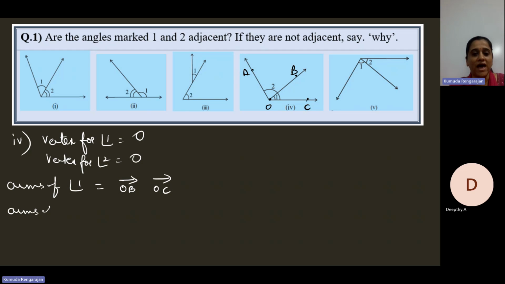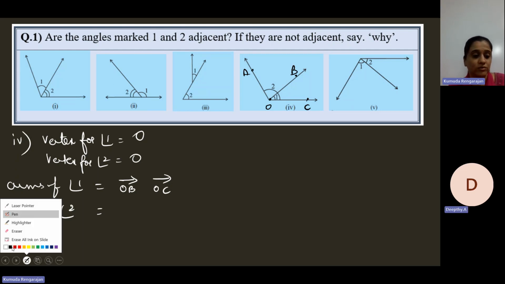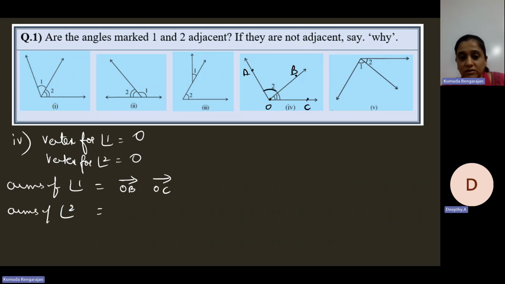Arms of angle 2. Angle 2 is this one from here to here.